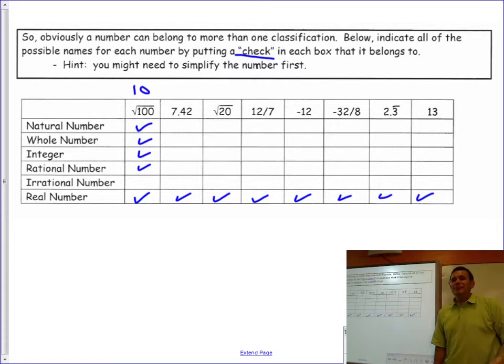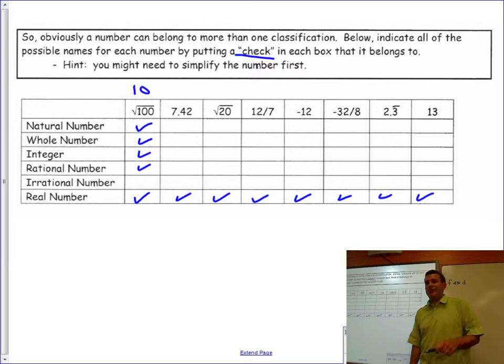Right? Every number we use in this class will be a real number. Maybe what we ought to go through is go through and check which ones are rational and which ones are irrational. Right? Because every number also belongs to one of those two sets. Every number is either rational or irrational.